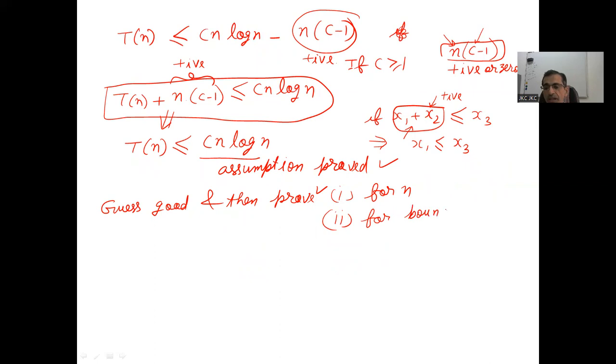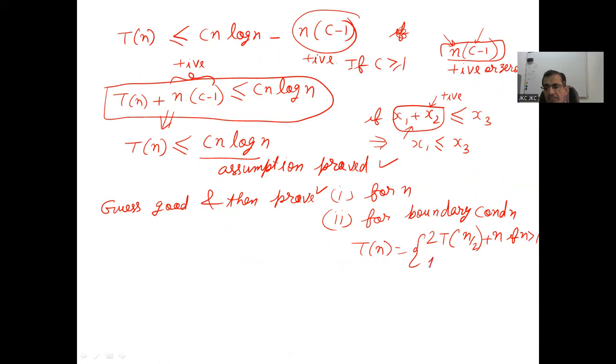What does that boundary condition mean? That Tn is always defined in two ways. One was I defined it as, let's say, 2T(n/2) plus n if n is greater than 1, only then this relation works.